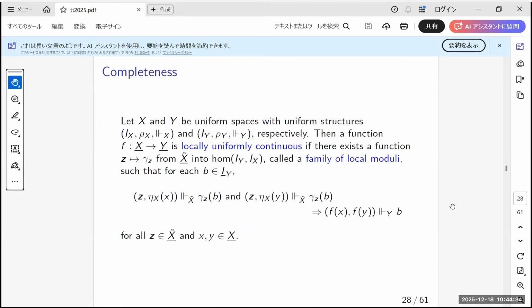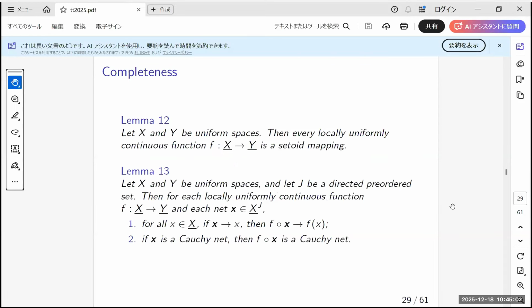And also, I'm going to extend the notion of uniform continuity to a local version. A function is locally uniformly continuous if there is a function, called the family of local moduli, such that the following condition holds.